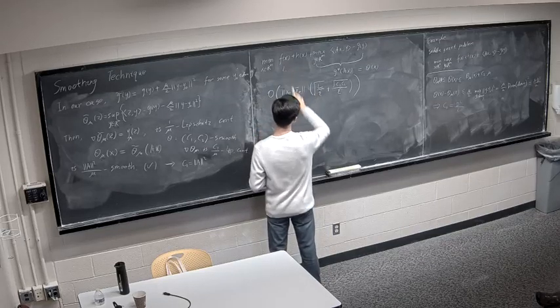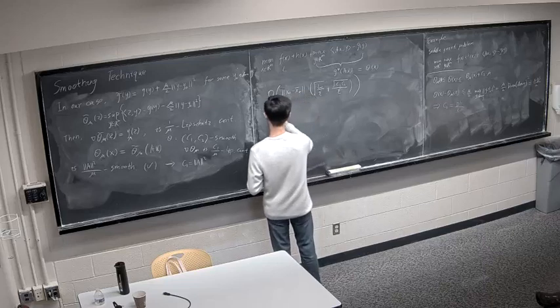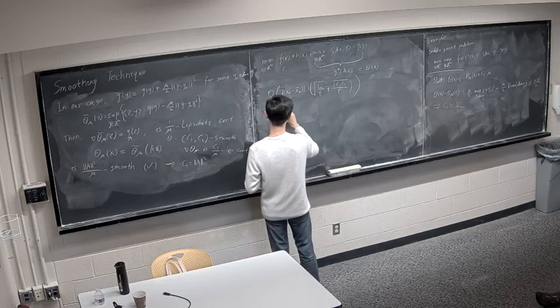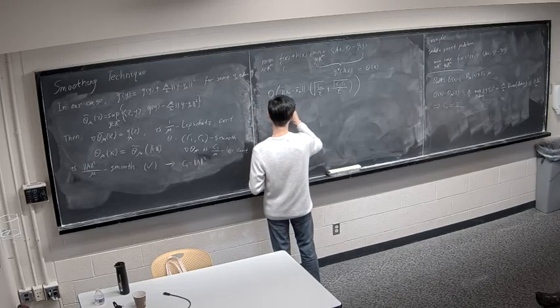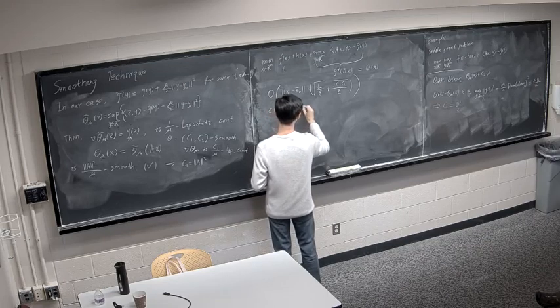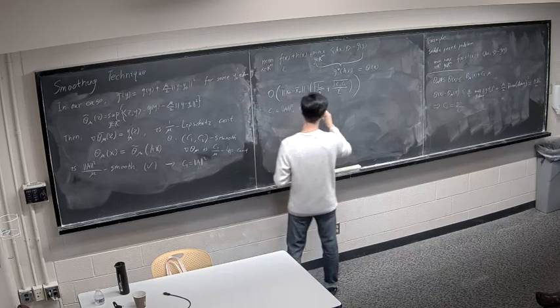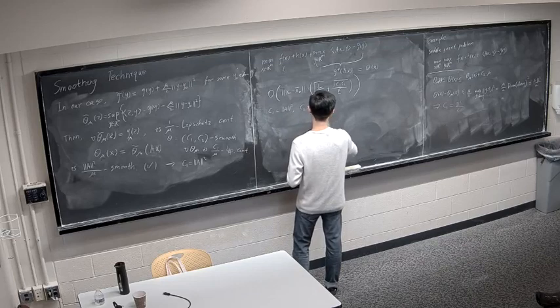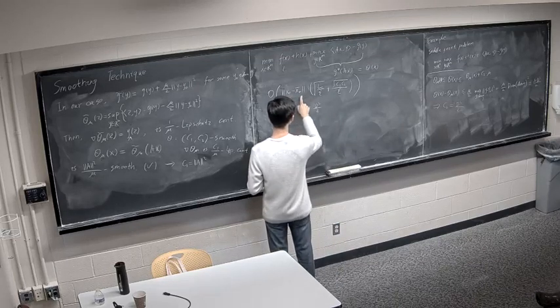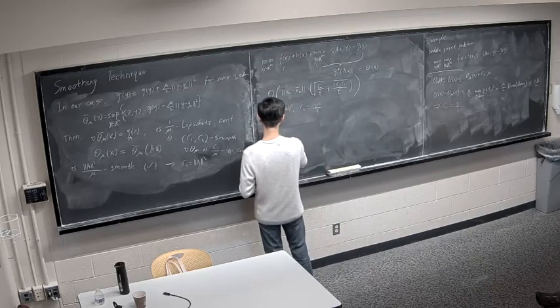So this is L smooth, and C1, so the complexity becomes big O.